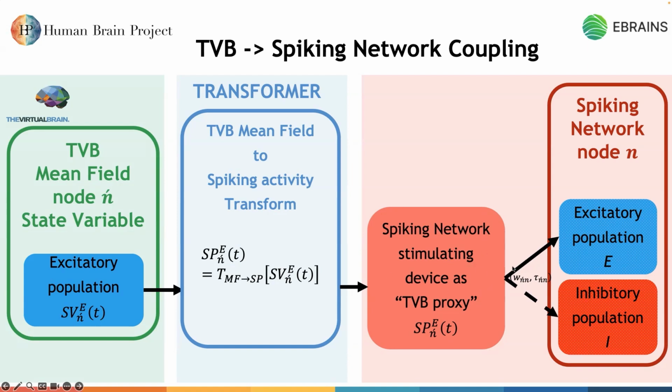And these spikes then are sent towards the target populations of the spiking network node. And notice that this is done with connections that have a weight and time delay that is taken from the TVB connectome, because this is like a node, a region of the brain connectome of TVB.